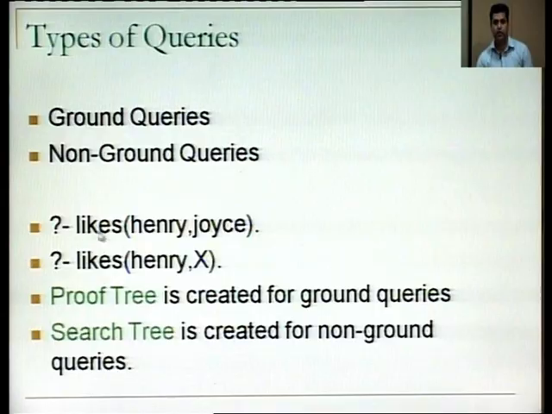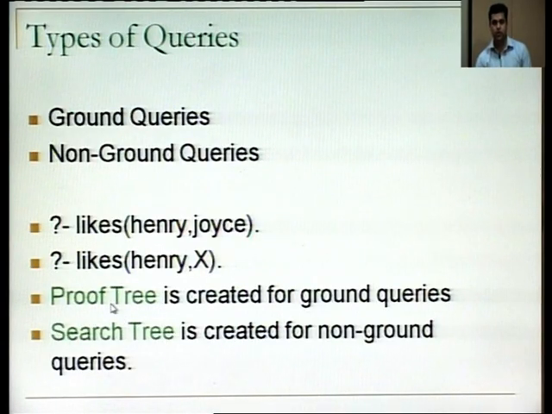So, if inside your query there are only constants, then it is a ground query, and if it contains at least one variable, then we say it is a non ground query. One or more variables means it is a non ground query.